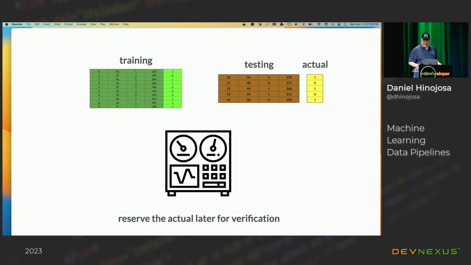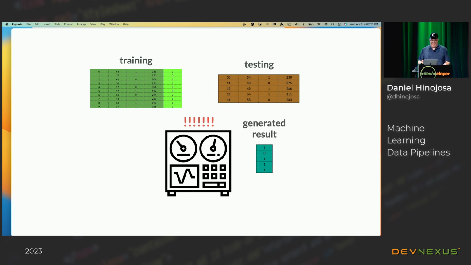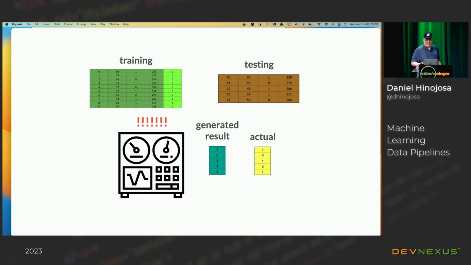We'll take the actual answer and we'll put that in the drawer, lock it up, and then we'll give you a test, exam time. So how well did this model do? Well, I'm just going to feed you the testing data, and here we go, and this is going to generate a result. And what we're going to do is very much like our teachers did: unlock that drawer, take that little answer sheet out, take the red pen, and let's take a look at how well you did.